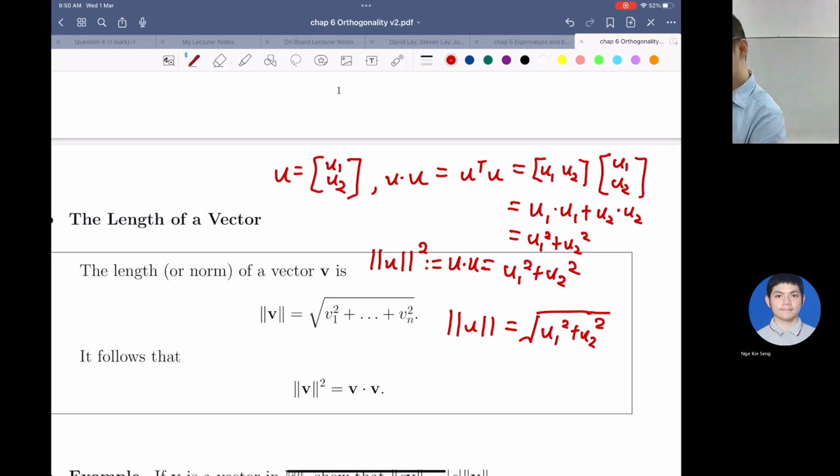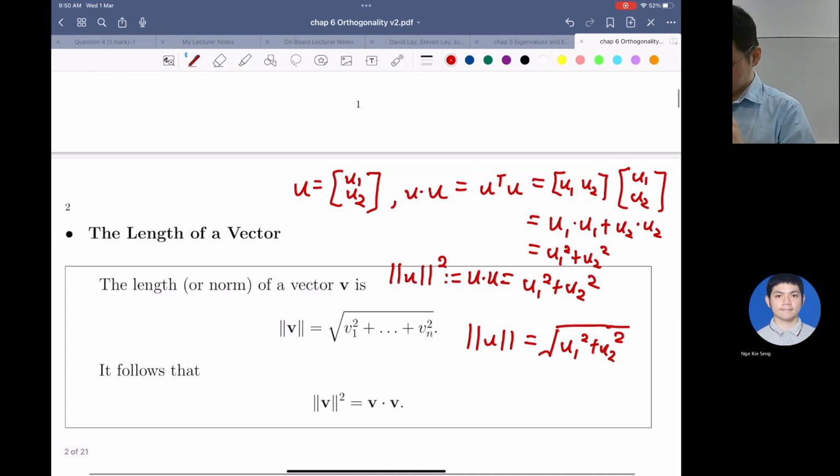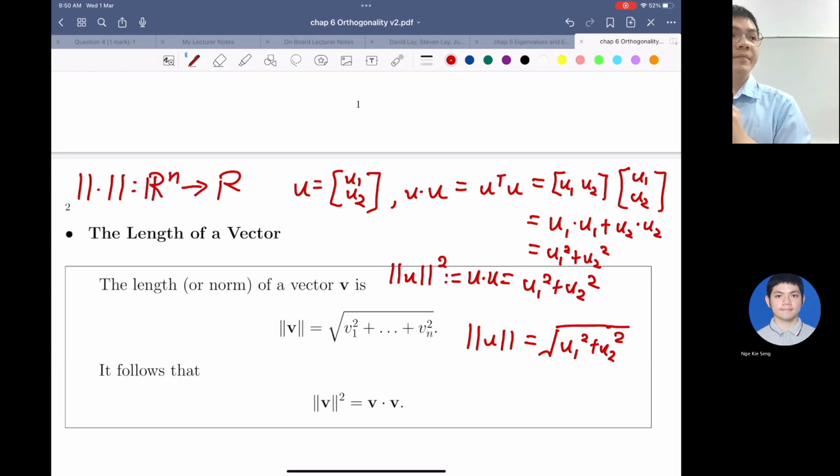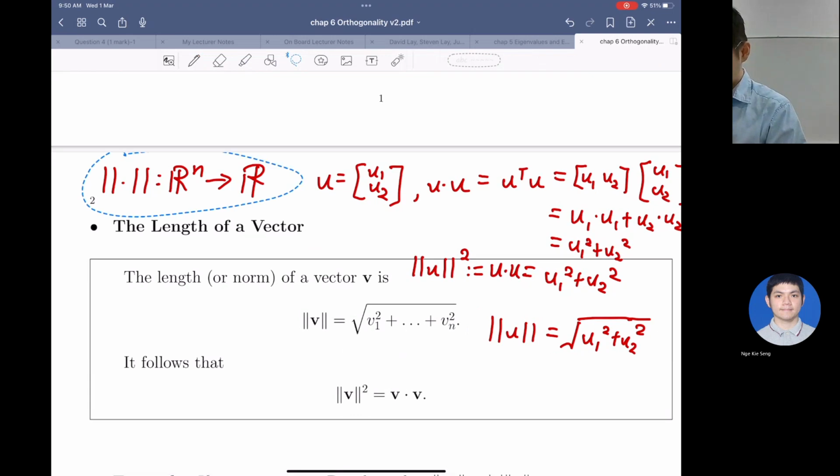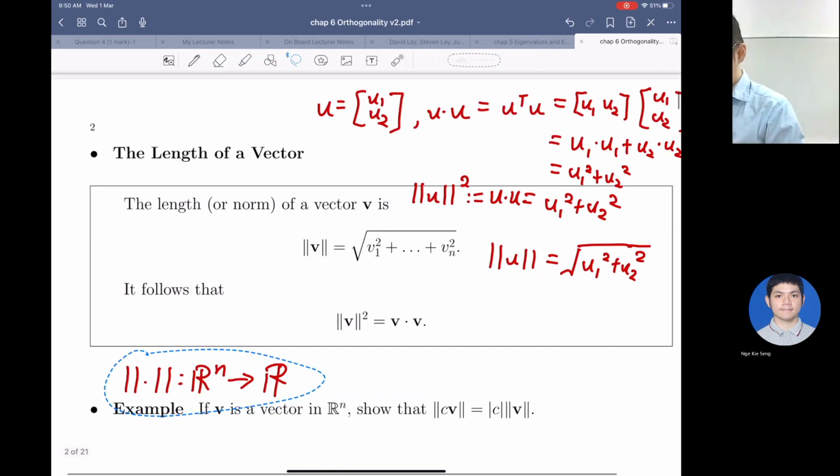Remember that when we dot together two things, this is a function from Rn to R. Let me back out a bit.